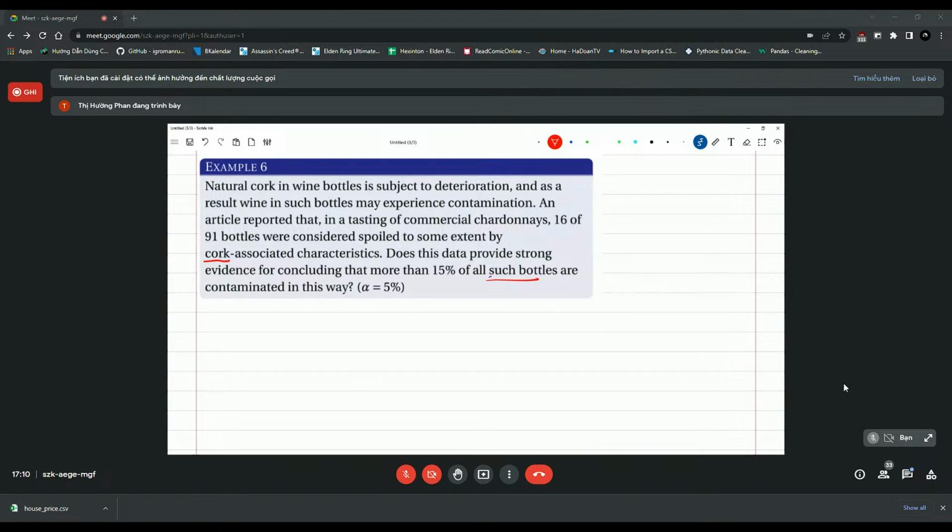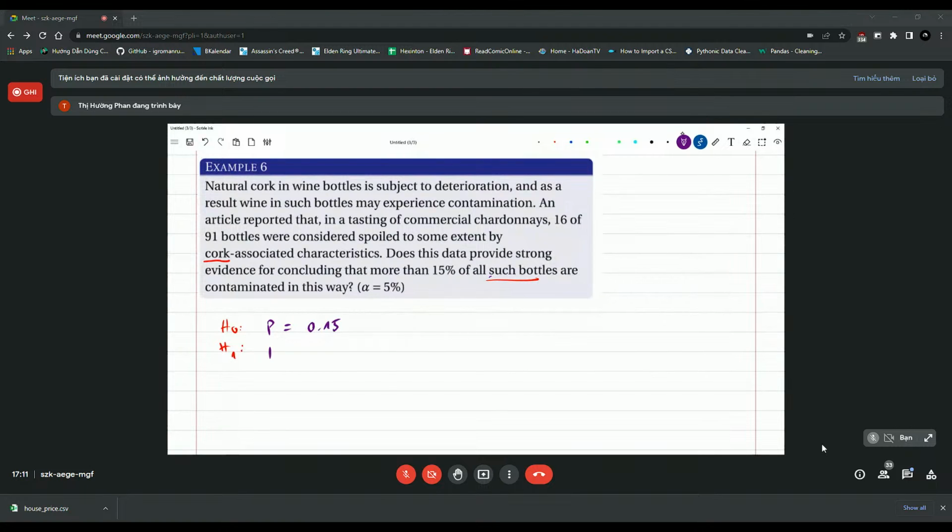So we know that we are working with the parameter p. p indicates the percentage, or the true population proportion. So we can easily write down p equals a constant. Here the constant is 0.15.